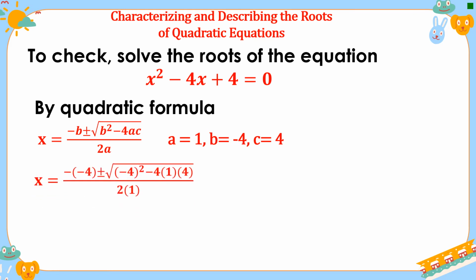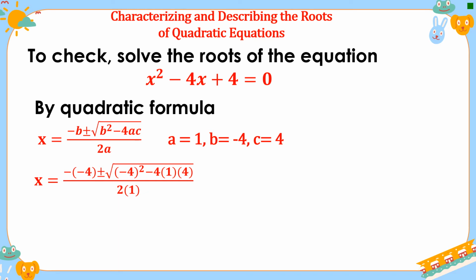So we have x is equal to negative times negative 4, since our b is negative 4, plus minus square root of negative 4 squared minus 4 times 1 times 4 over 2 times 1.